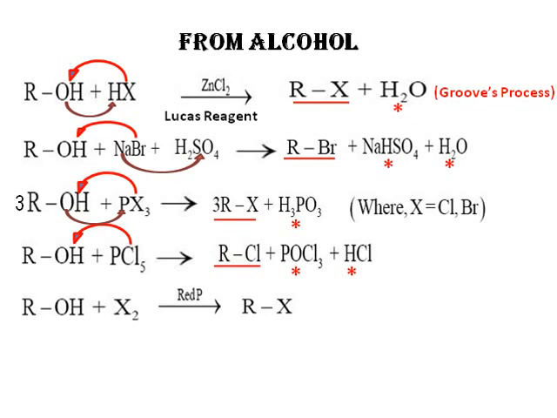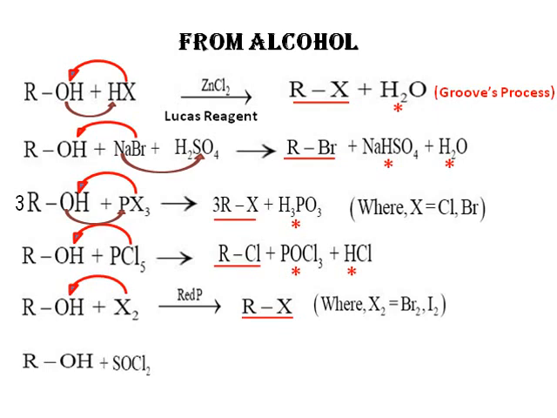Here the phosphorus reacts with halogen to produce phosphorus trihalide, and that will react with the alcohol to form alkyl halide. Here halogen replaces hydroxide ion to produce alkyl halide, but it is a combination of 2 processes as I have said. This reaction is restricted to bromine and iodine only.